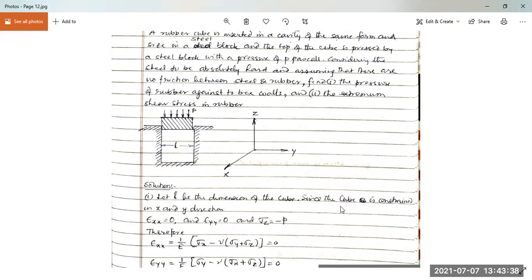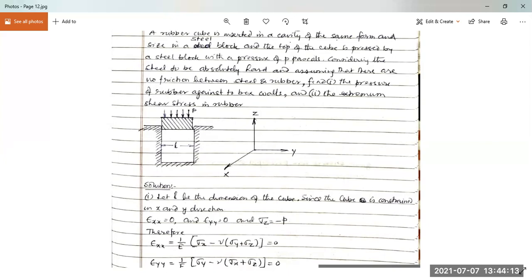So epsilon xx, in this direction, and epsilon yy, in this direction, both are equal to 0. There is no strain in the x direction as well as no strain in the y direction. But as we have the vertical force P, there is a stress in the z direction equal to minus P, and it is minus because it is compressive in nature.